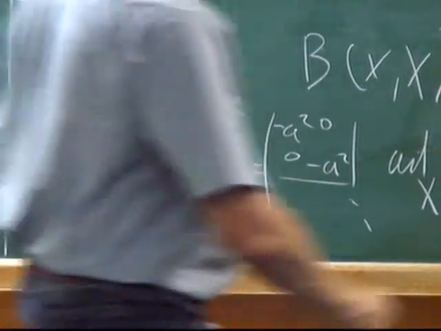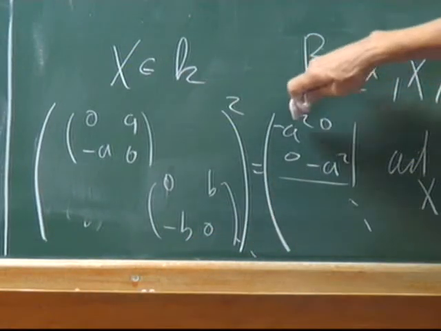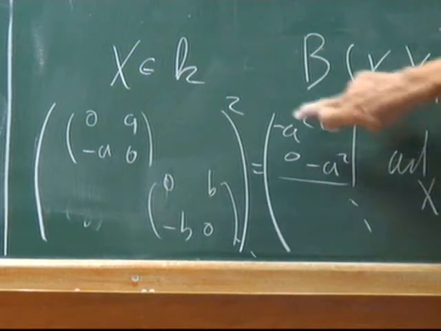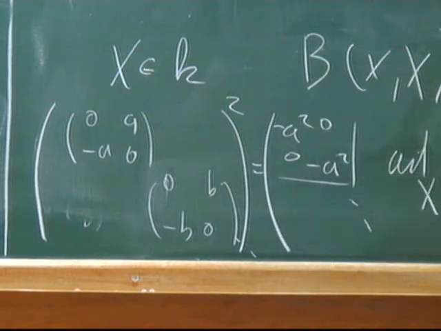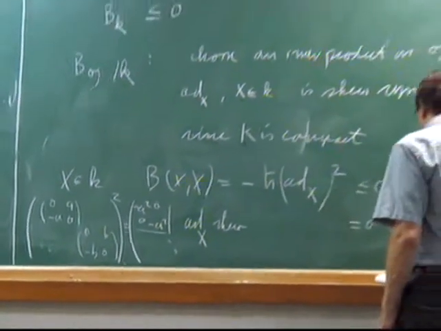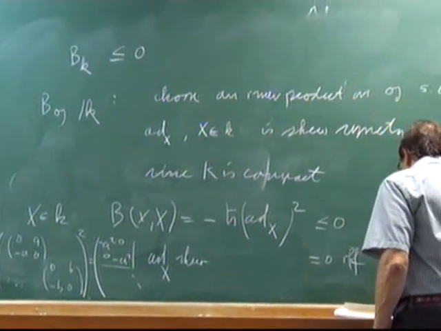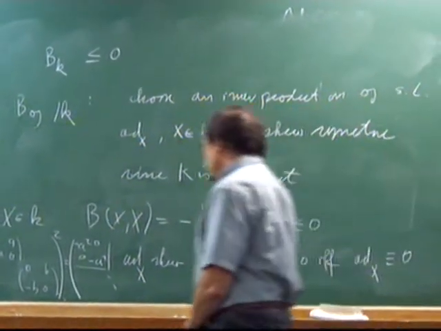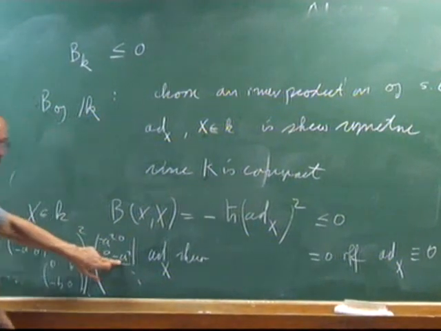So that says that the trace of the square, which is a diagonal matrix like this, would be the sum of all these a_i's. So it's smaller or equal to 0, certainly. It's minus the sum of squares. And it's equal to 0 if and only if ad X is 0, because then all these have to be 0 for this to be 0.